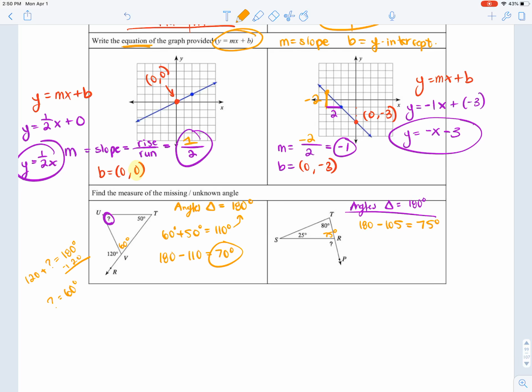And we're one step closer. Hopefully you notice that the angle that we want and this 75 degrees, when you combine the two, they create a straight line. So what we're going to do is we're going to subtract 75 from 180. And so the angle in question is going to be 105 degrees.